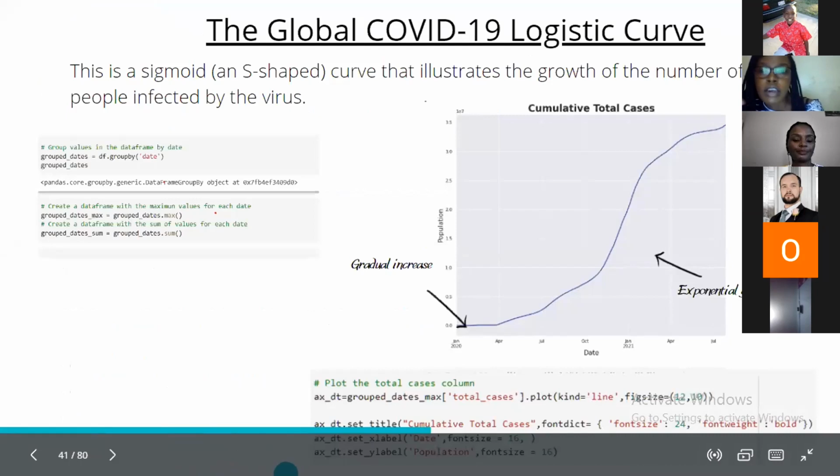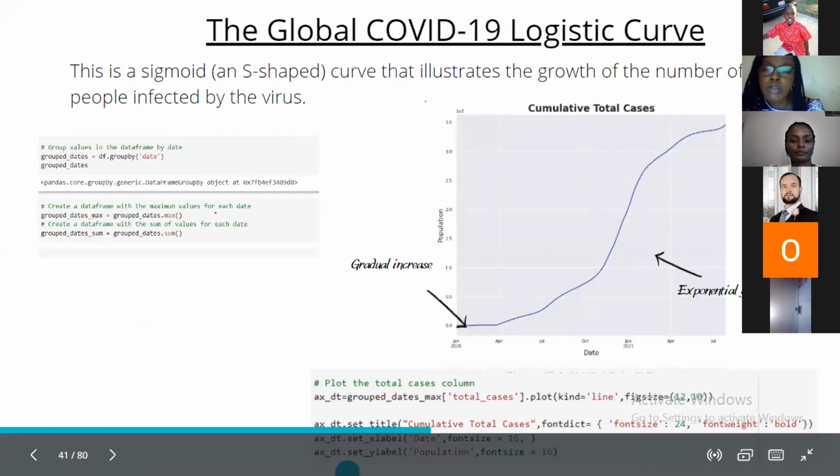As you can see, for COVID, when it started, there was some gradual growth. This was because people had either not identified it as the disease, because maybe people were presenting with the symptoms but not being diagnosed with COVID, or fewer people had been infected.